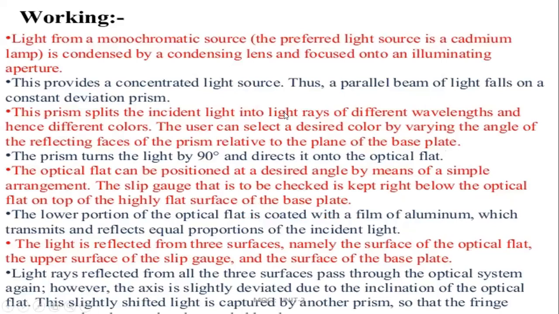Next, we need to see the working of the NPL gauge informator. So, a monochromatic light from a monochromatic light source, that is, the preferred light source is a cadmium lamp.